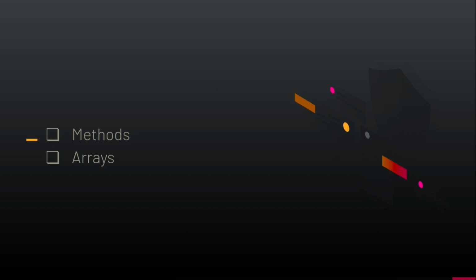Now with arrays, Java has different kinds of arrays. In this video, we'll just introduce what we call the ArrayList class. We'll cover some other arrays in future tutorials, right?